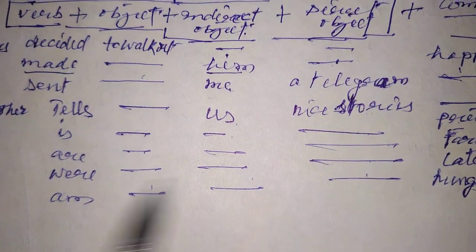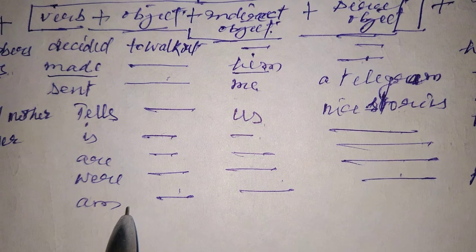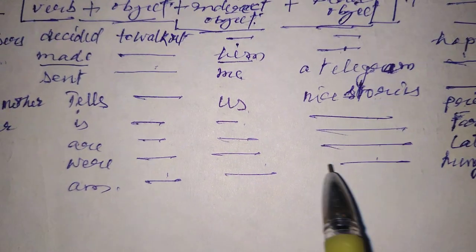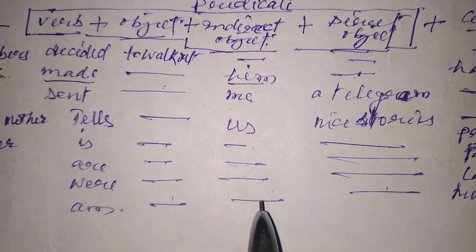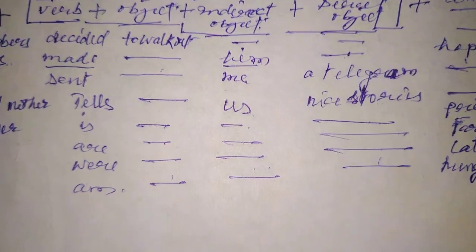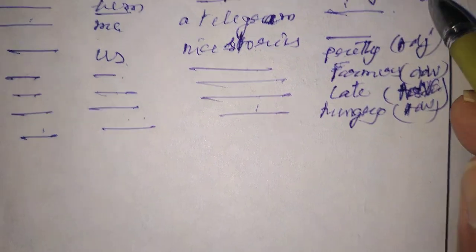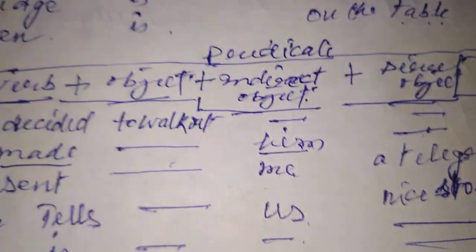So these sentences were formed only with the help of subject, verb, either indirect object or direct object, and complements as adjectives or adverbs. So this was all about the sentences.